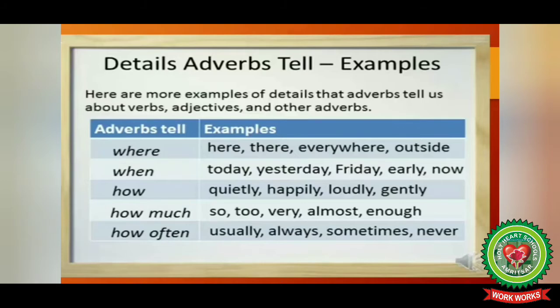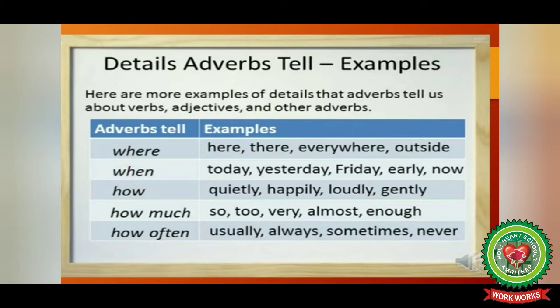Students, now we'll discuss some more examples of details that adverbs tell us about verbs, adjectives, and other adverbs. The first is where. Adverbs which tell where the action has been done include here, there, everywhere, and outside. Next is when.